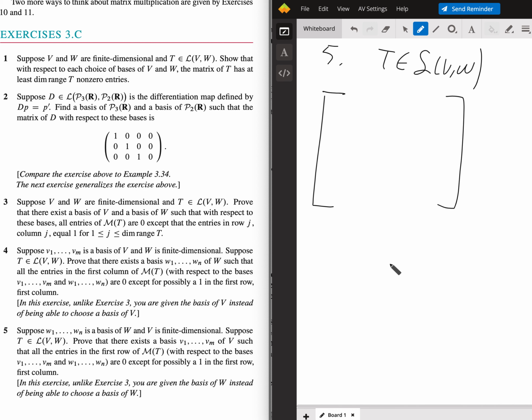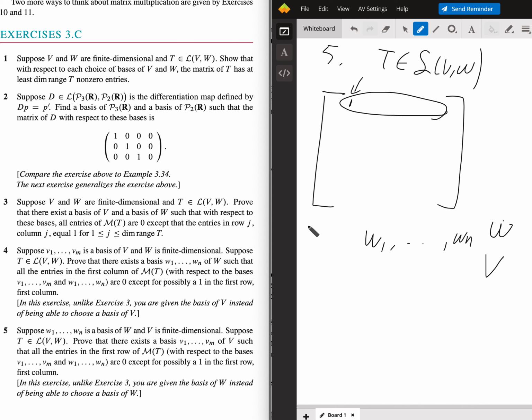So then, this is the other way around, where you suppose you have a basis of W and you want to find a correct basis for V such that you got this first row being all zeros except for the first entry, which is allowed to be 1 potentially.